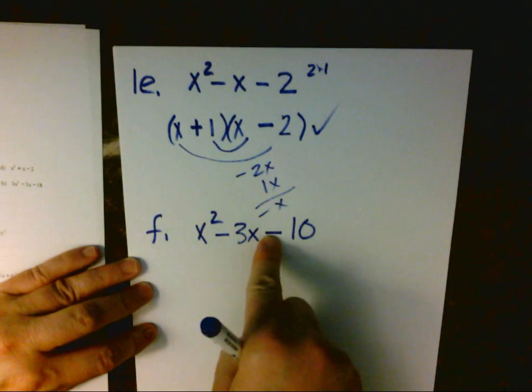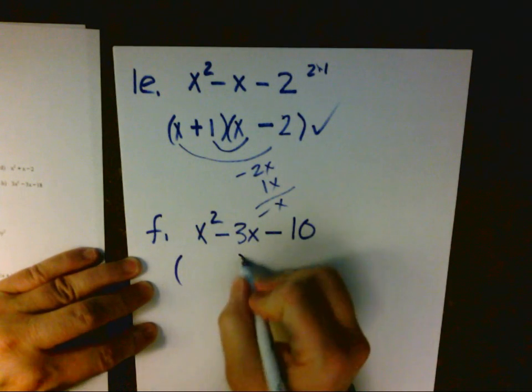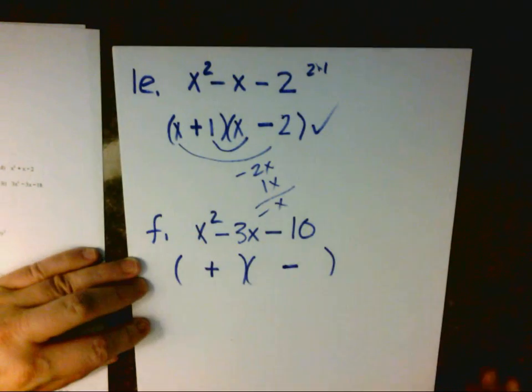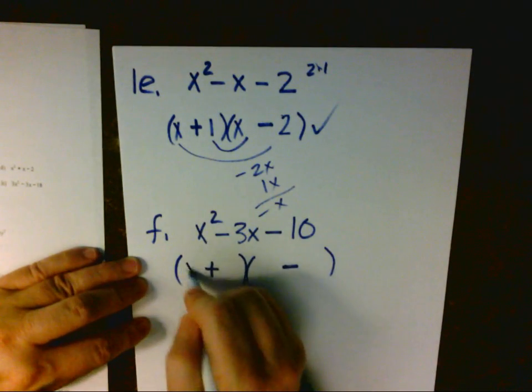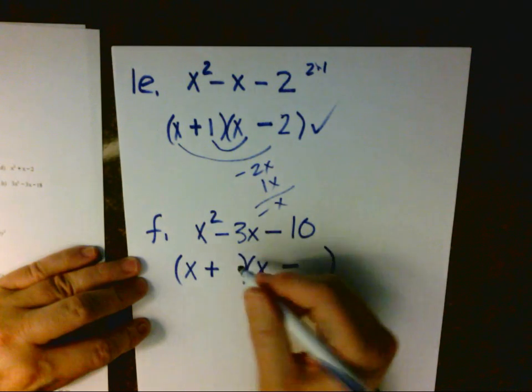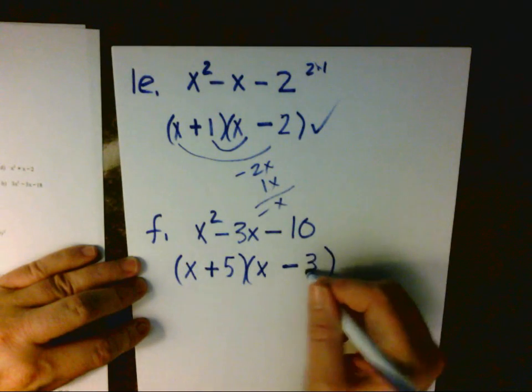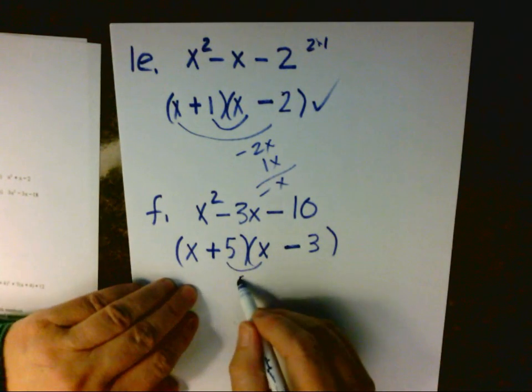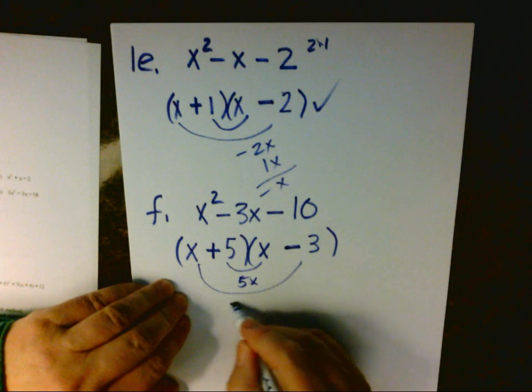Okay, it ends in a negative. That means my factors will have one that's a positive and one that's a negative. To get the x squared, x times x. To get the 10, I need a 5 and a 3. Let's see if that's the right place for them. That would give us a 5x on the inside and a negative 3x.